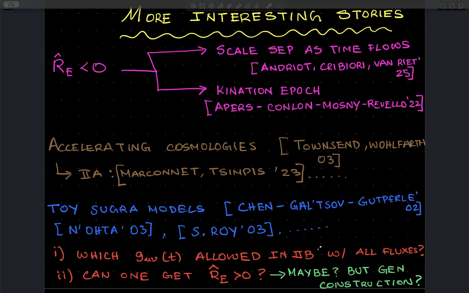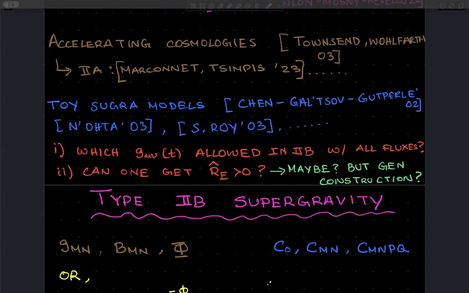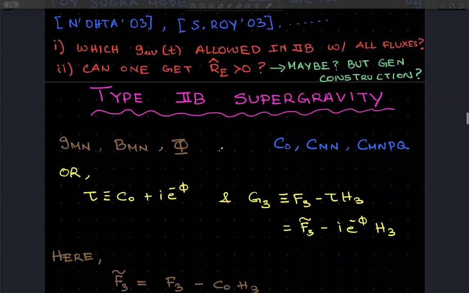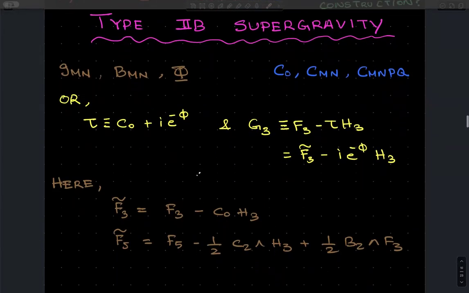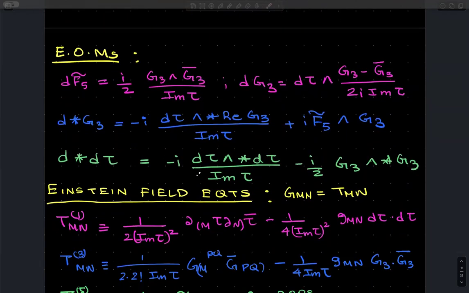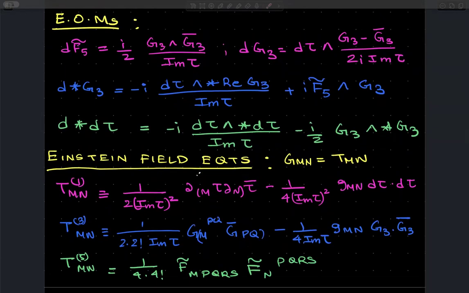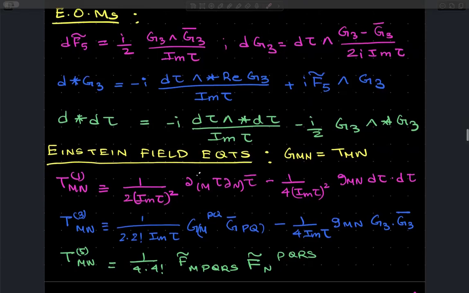The Maldacena Nuñez type analysis shows maybe, but can we do an explicit construction? So let's try to do that in type 2B, where we have the NS sector and the RR sector. The job is basically to take an ansatz, solve this set of equations of motion, and then the background is complete.